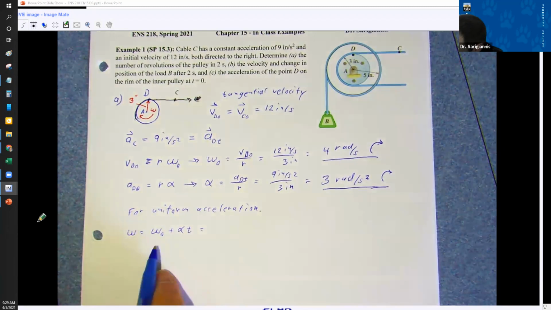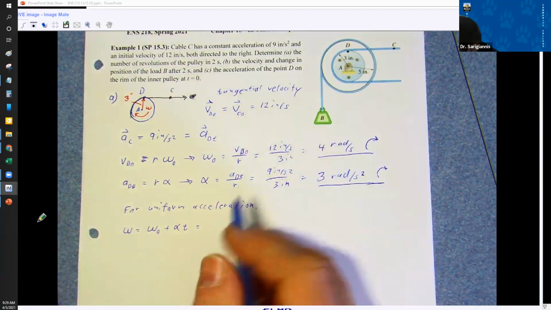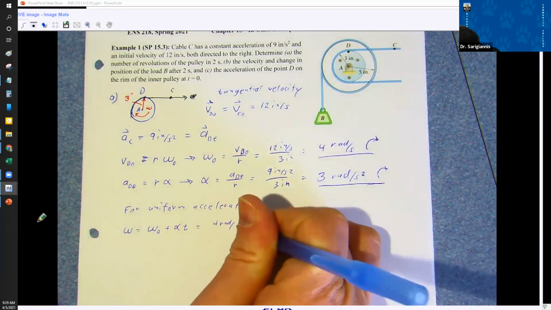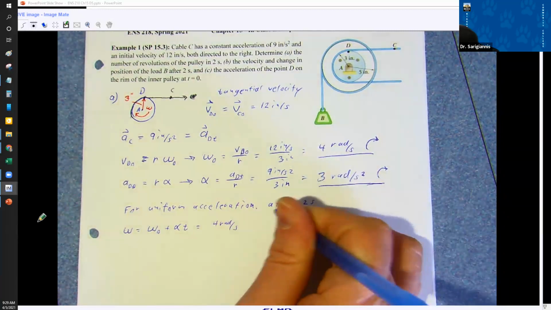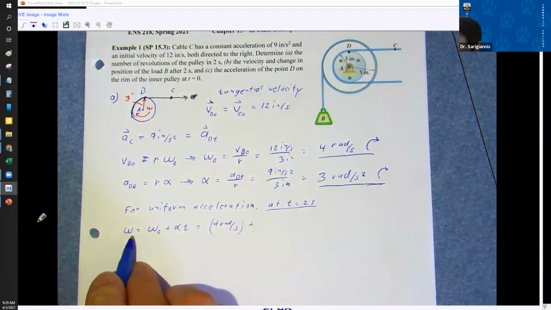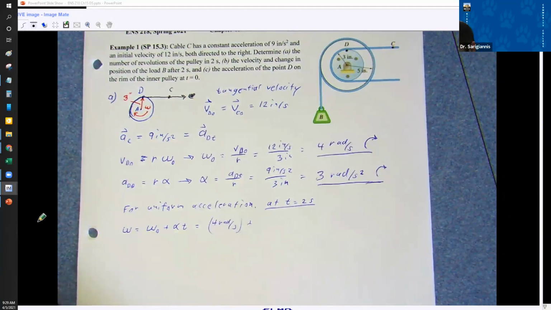Here we have omega naught, the initial angular velocity, is 4 radians per second. Let's find it at time equals 2 seconds. I'm going to put 2 seconds into these equations to figure out the angular velocity, and then we'll also figure out theta, because we're asked for velocity and change in position of the load after 2 seconds, plus the number of revolutions in 2 seconds. Maybe I should have done theta first.